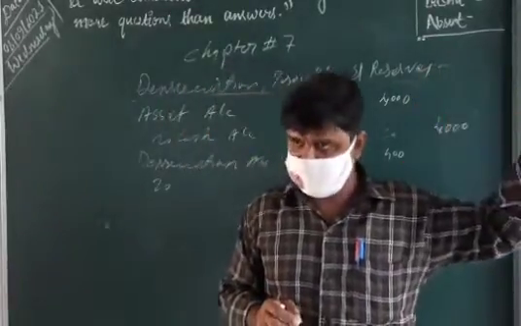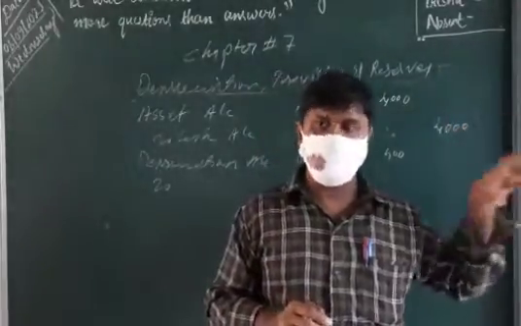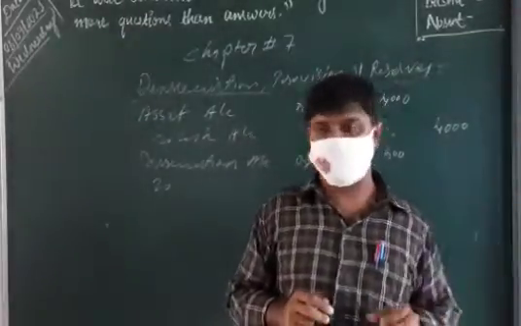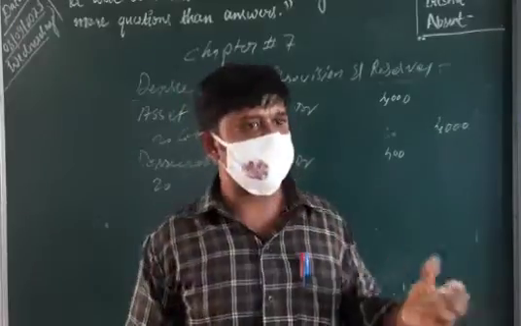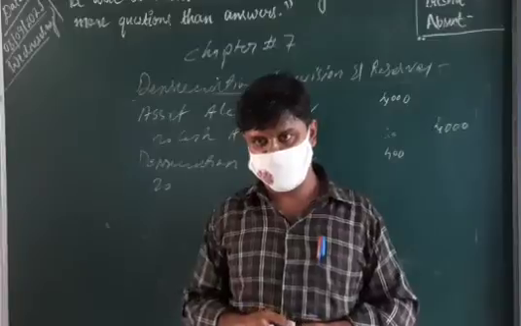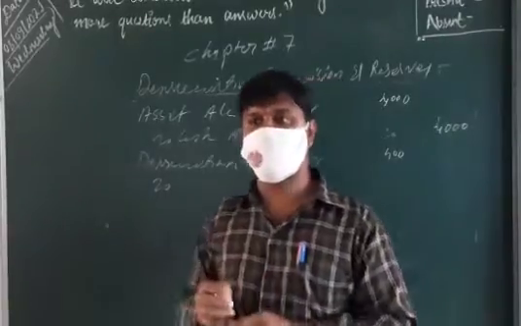Last month, August, we used it, so the bill amount we show in the last month itself, not this month. That expense we show in last month. But we don't know that amount, so we will create a provision.